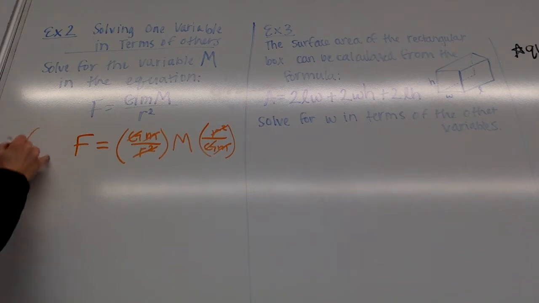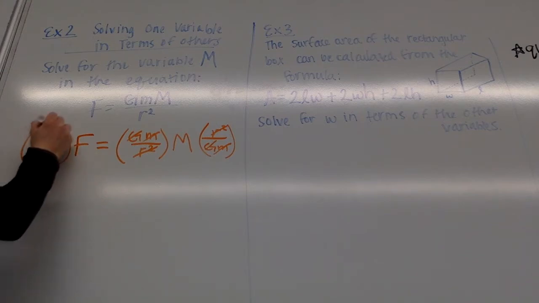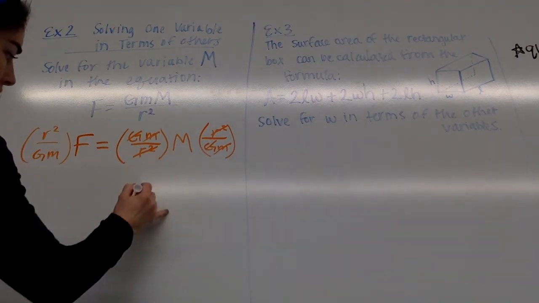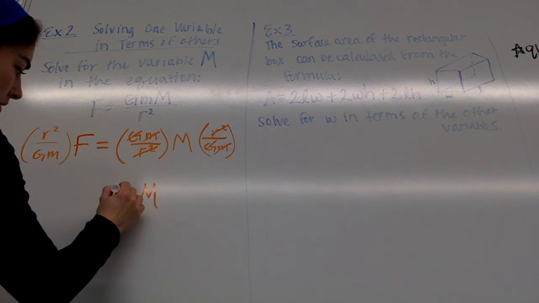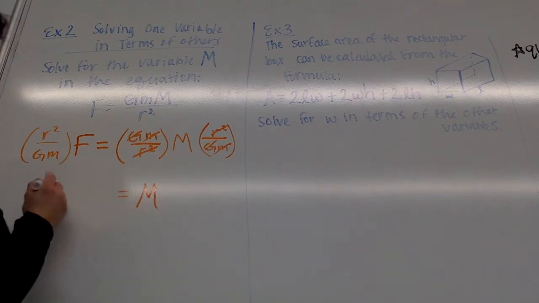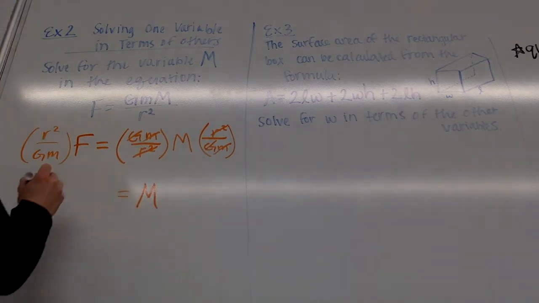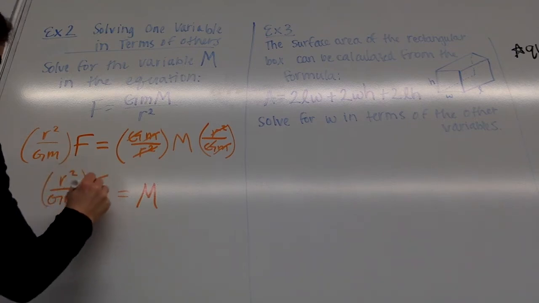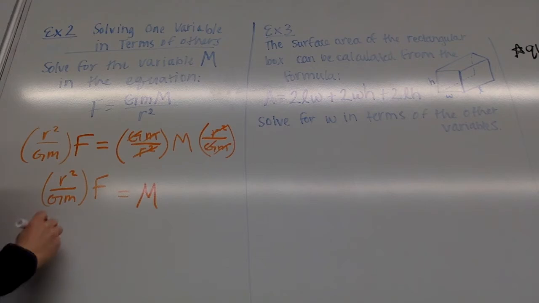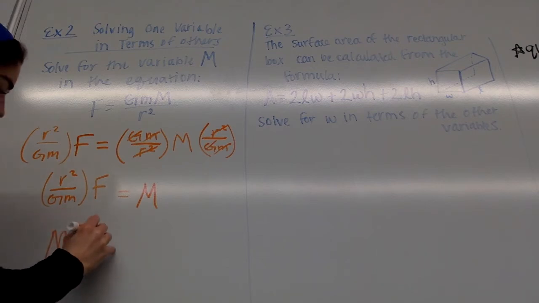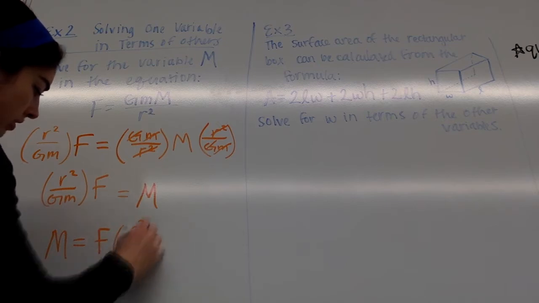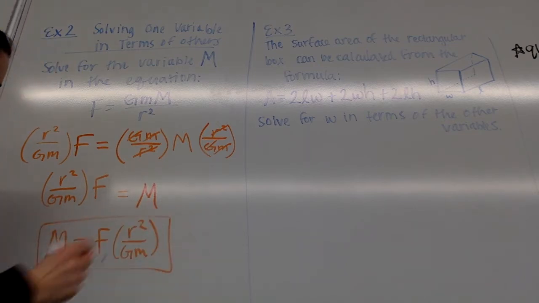I'm going to do the same thing over here, r squared over G lowercase m times F. So my answer is M equals r squared over G m times F, and actually we'll just put the F first. We'll just switch everything around. I'll put the F here, and then r squared over G m, and that's my answer.